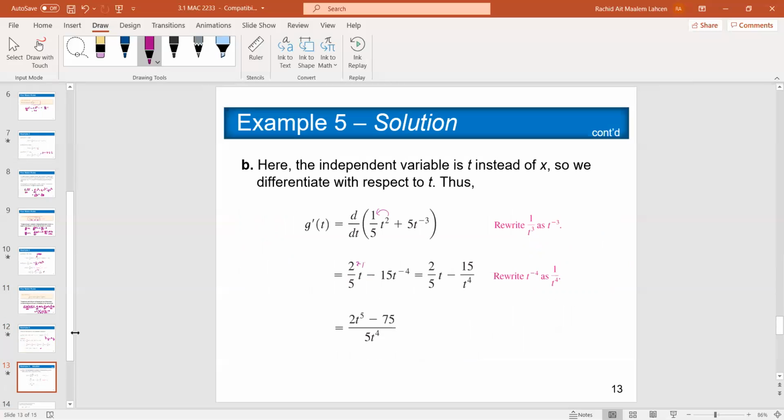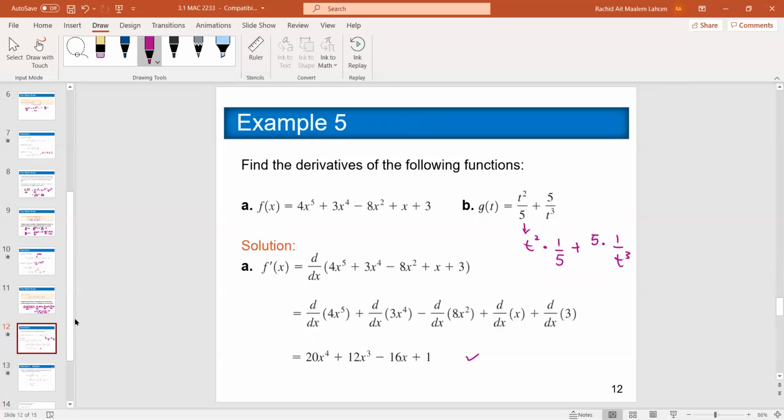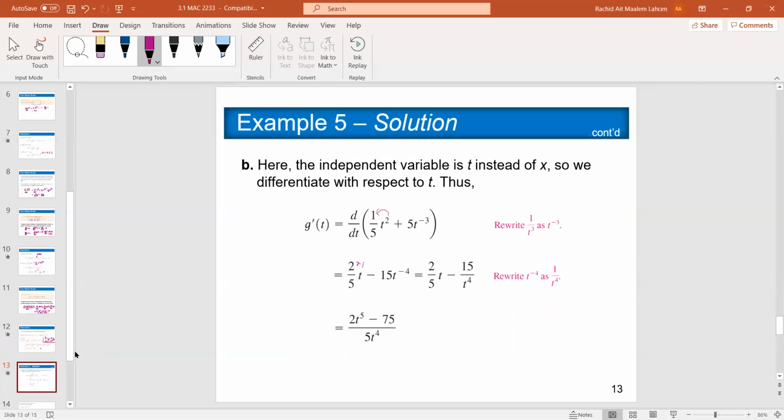Then this here, you see now it becomes a negative exponent, so we can do the power rule on it. So it becomes negative 1/5 times negative 3, minus 1 will become negative 4, and that now becomes this form.